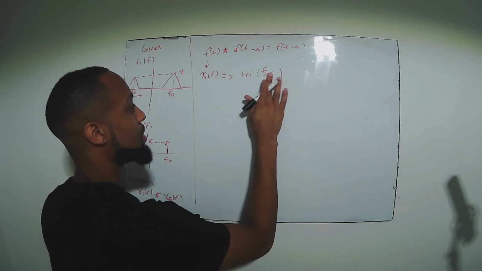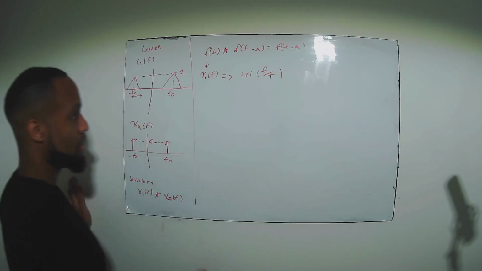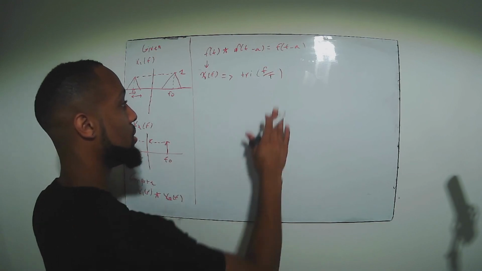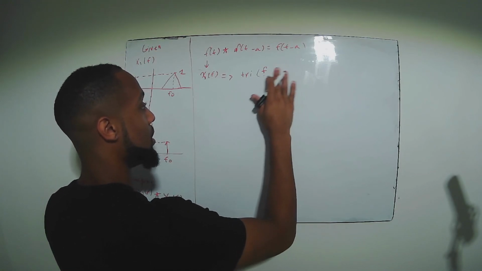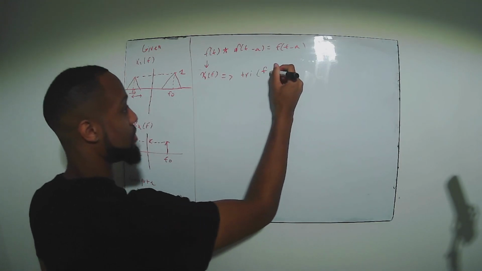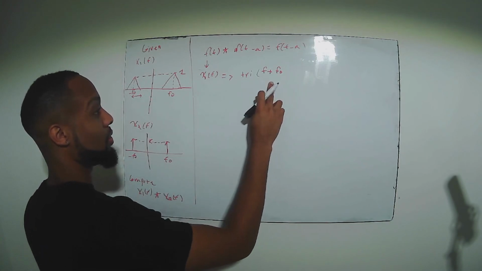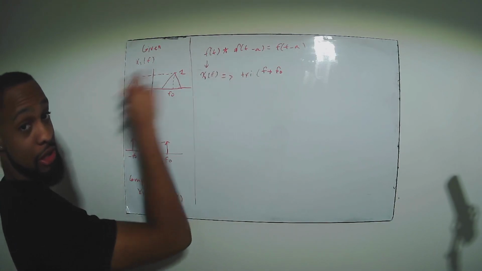Let's not use a here, actually, a is already being used. Let's just use capital T. So we have 1, and actually this would be if the tri was centered at 0, but here the tri is shifted to minus f naught, so whenever you go to the left, you add.